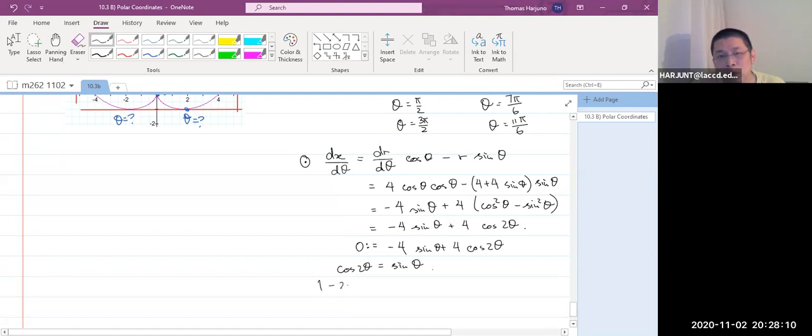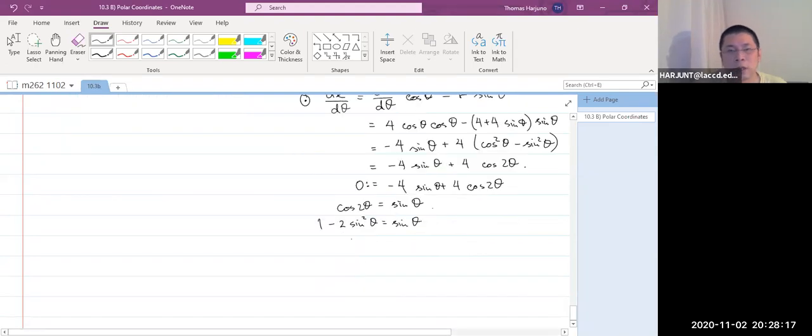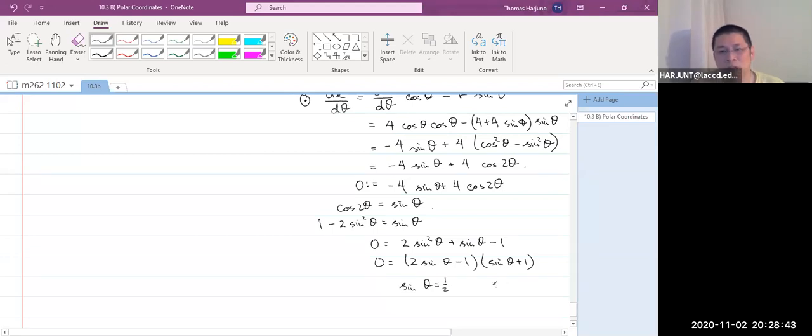It's 1 minus 2 sine squared theta equals sine theta. Okay, so 0 equals 2 sine squared theta plus sine theta minus 1. And then we factor it. So sine theta equals 1/2, or sine theta equals -1.